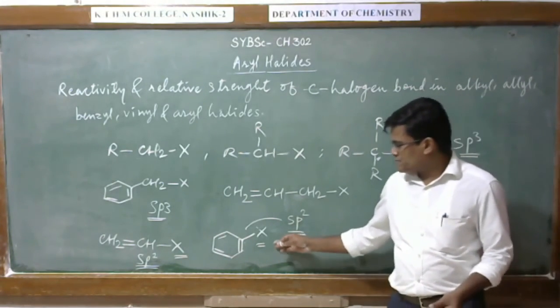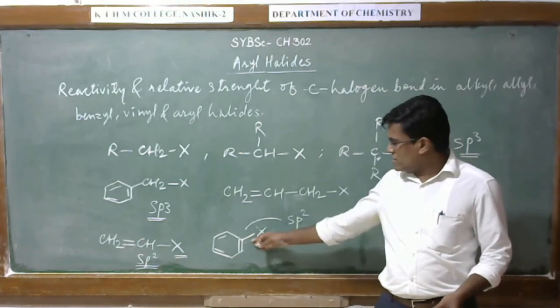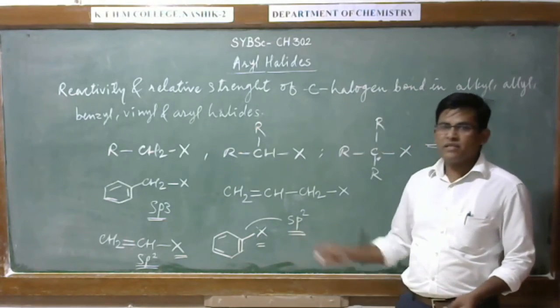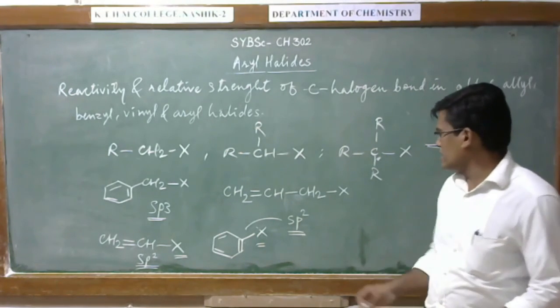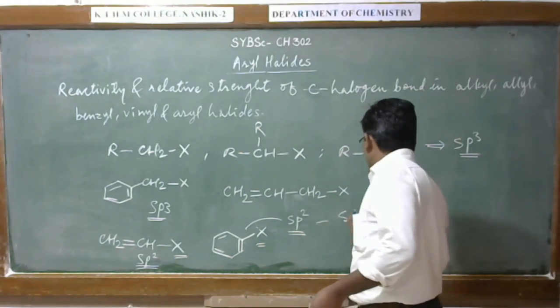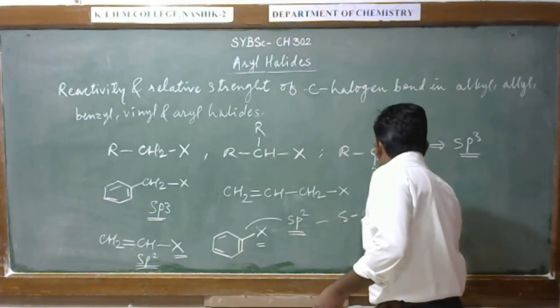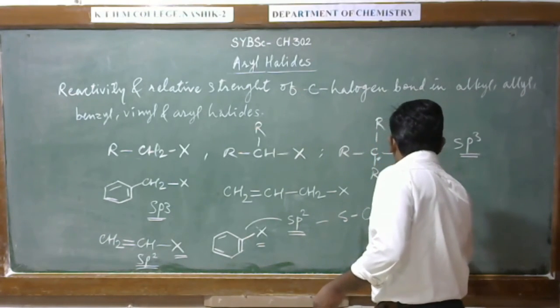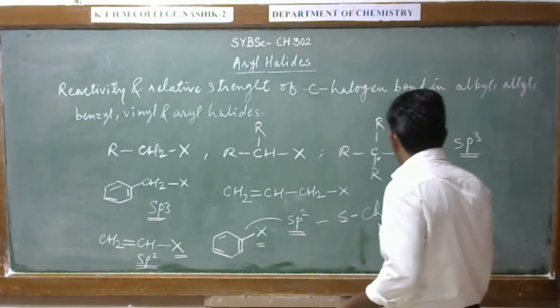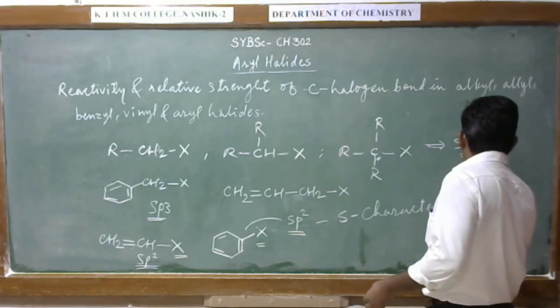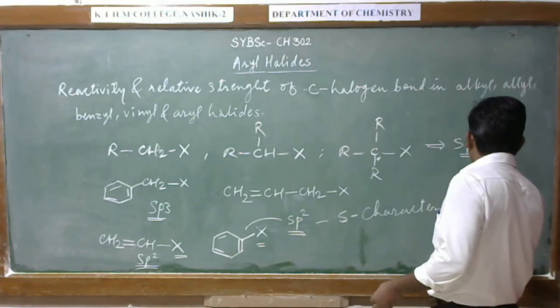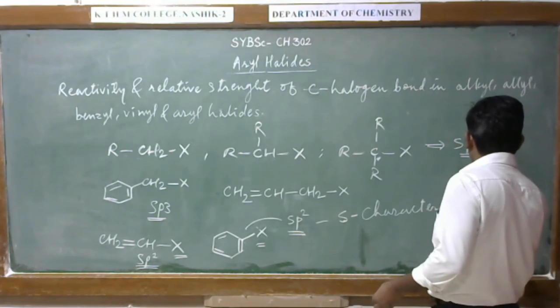Why is it so? In this sp2 hybridization, the s character is more, that is around 33.33%.